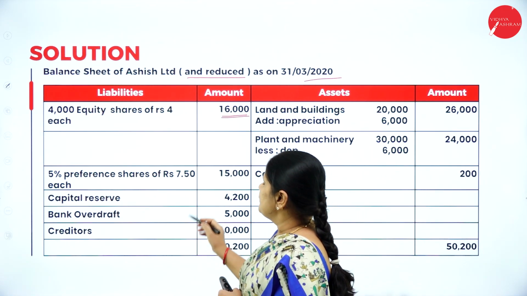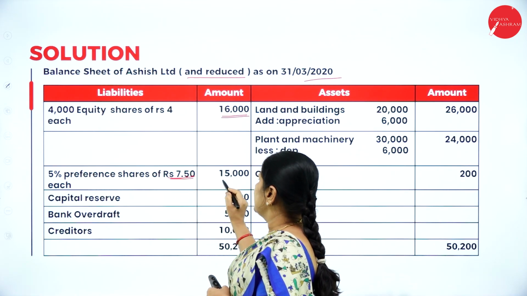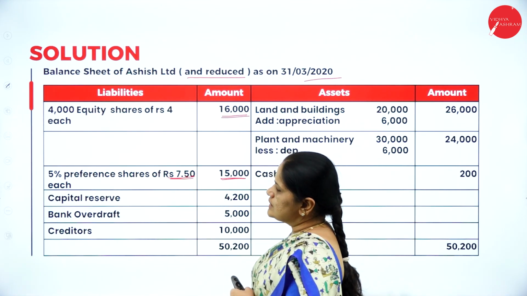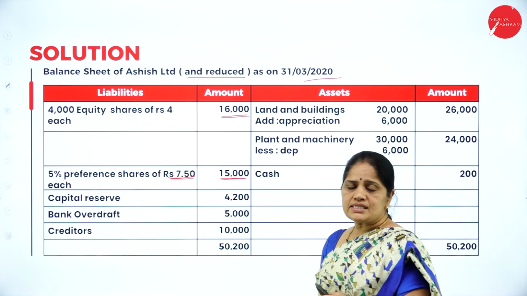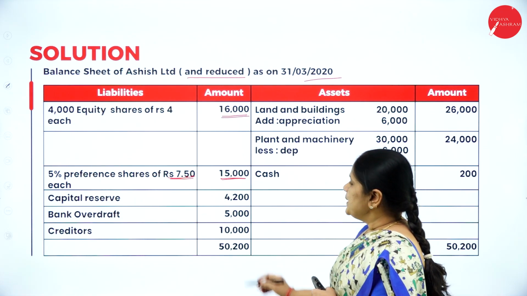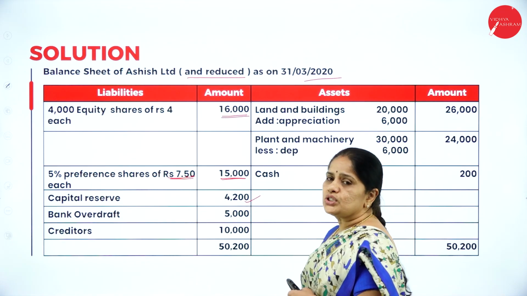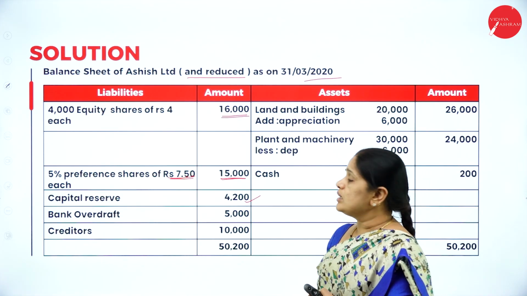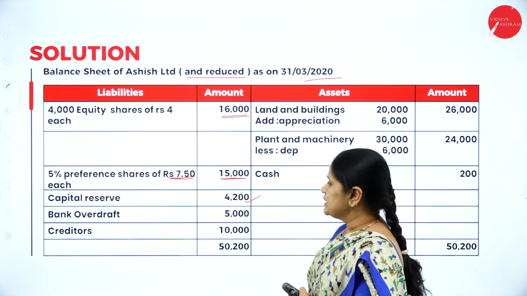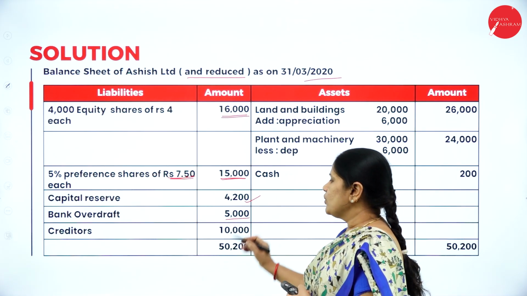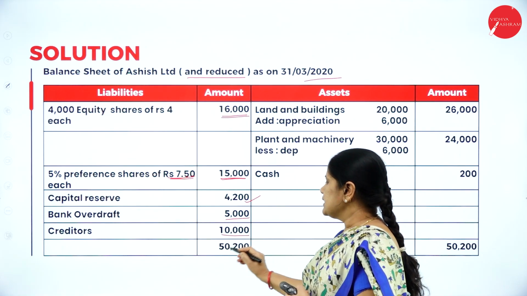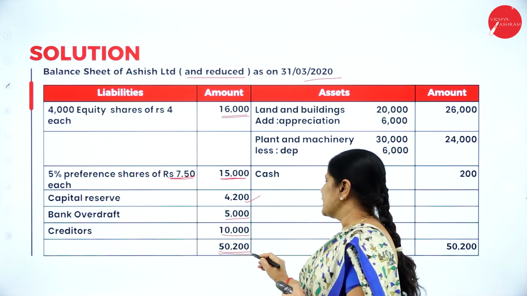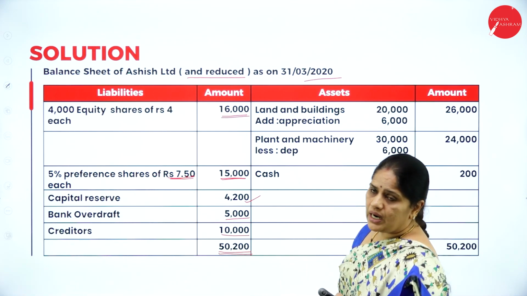Then 5% preference shares of 7 rupees 50 each, that is 15,000, the new preference capital of the company. Then we have the capital reserve 4,200, the balance of reconstruction account, which we are showing as the capital reserve. Then bank overdraft 5,000, creditors 10,000. Total it comes up to 50,200.